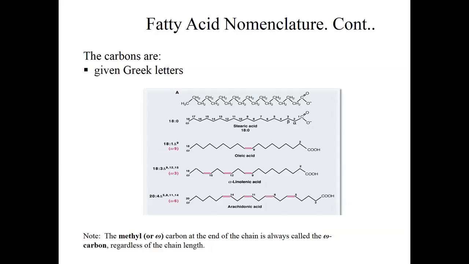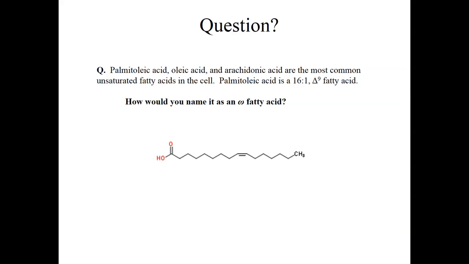But in this case, for instance, this is omega 6, 1, 2, 3, 4, 5, 6, okay? So that is your omega 6. Okay. So now you know how the omega 3 and 6 fatty acid nomenclature works. All right. So now this one, how would you name this fatty acid?